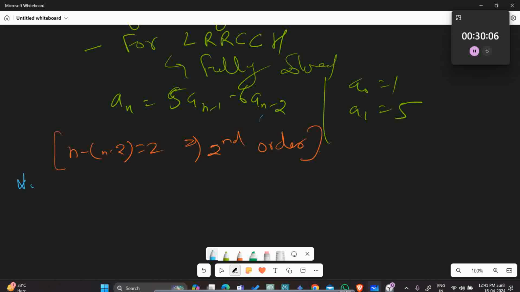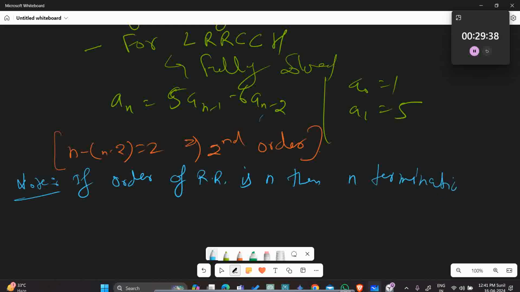Note here that if the order of the recurrence relation is n, then n termination conditions are required.